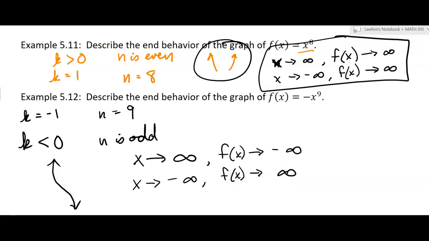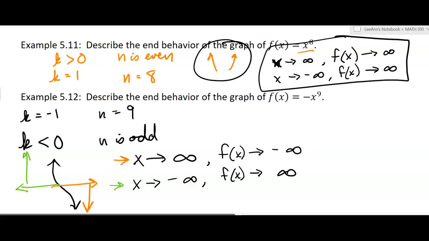Now let me draw this out so you can see it. As x is getting larger, it's going down. That's this part. As x approaches infinity, f of x approaches negative infinity. And then as x approaches negative infinity, f of x is going up. So that's this part. Okay?